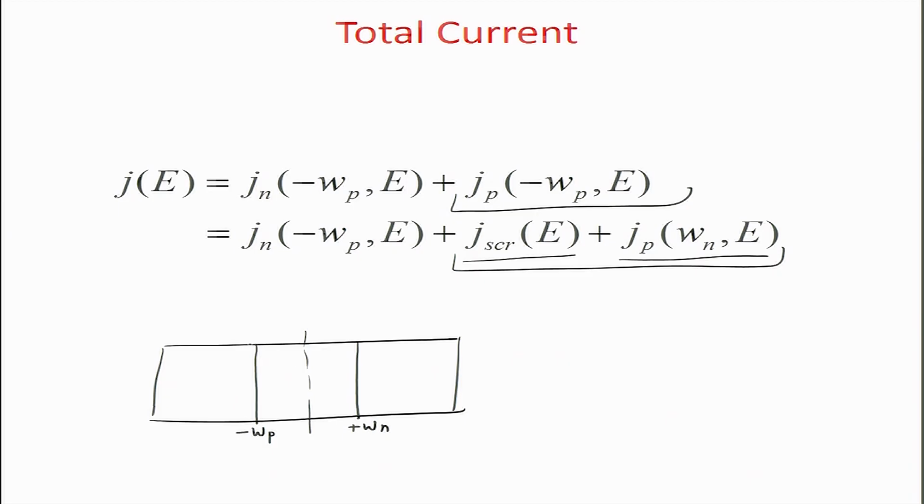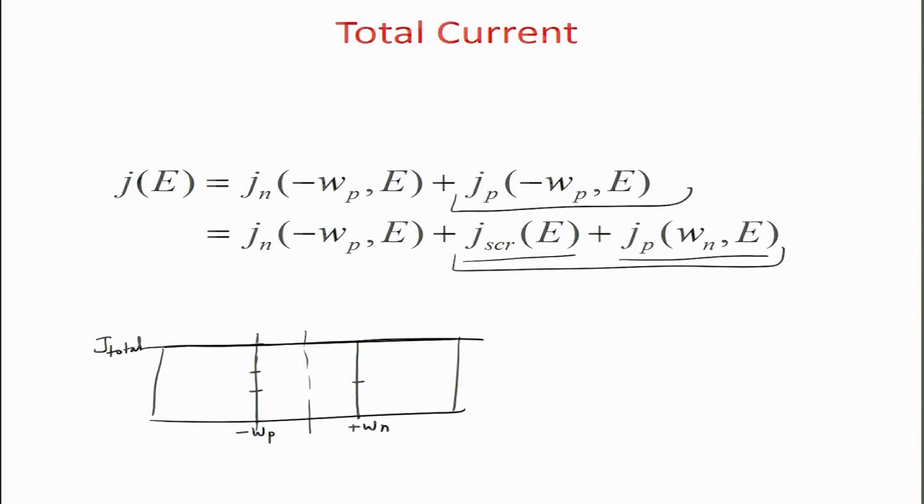So, we are saying that the total current at this point, so if this is J total, okay, let us say you have some electron current at minus Wp, which is the minority carrier, some hole current at plus Wn. If you want to locate at this particular point, whatever the hole current is there and whatever the electron current is there, total will make the total current.